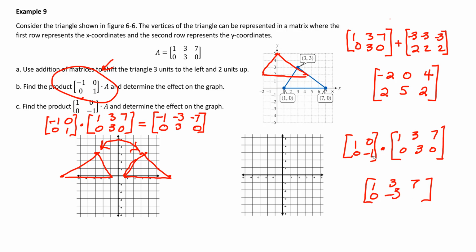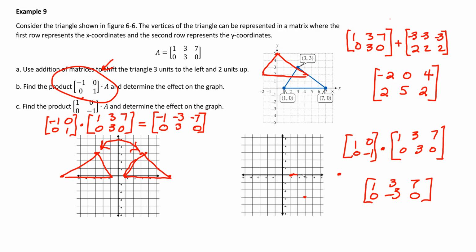Then the very last column, across the bottom row of the first matrix, down the third column: 0 times 7 is 0, and -1 times 0 is 0. So I just have 0. My new matrix this time is 1, 3, 7, 0, -3, 0. So those are the points 1, 0, 3, -3, and 7, 0.